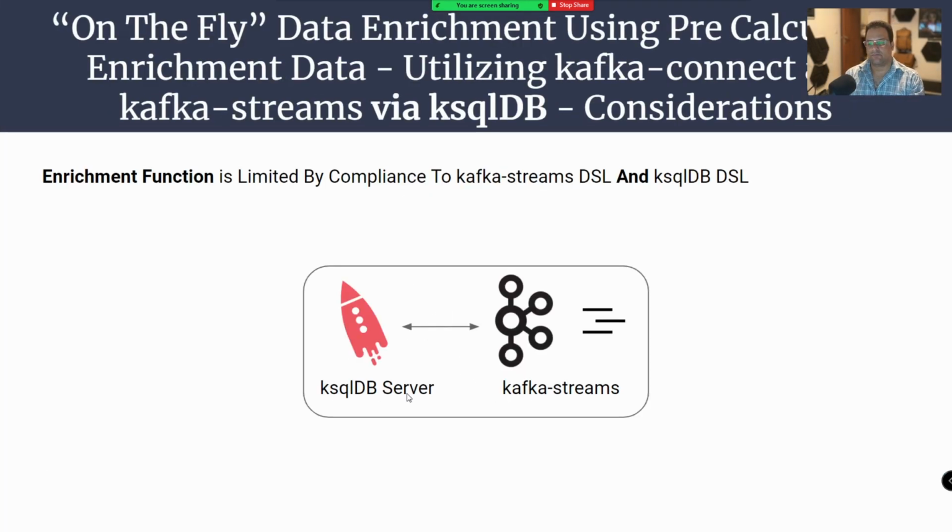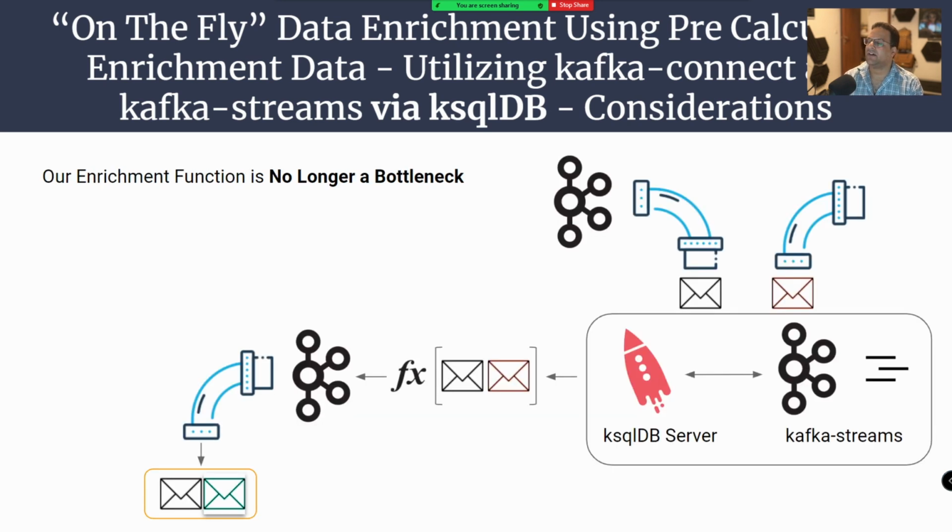So in this last attempt for today, we saw that our enrichment function was limited by compliance to Kafka Streams DSL and to KSQLDB DSL. We had to make sure that we write a statement that was familiar to KSQLDB's DSL and to Kafka Streams DSL.